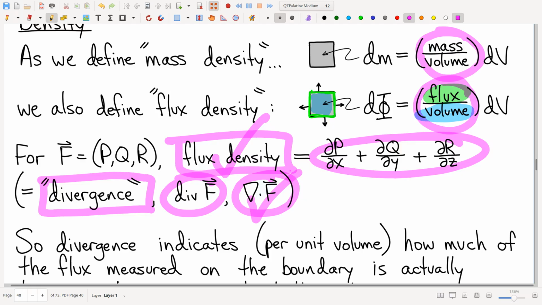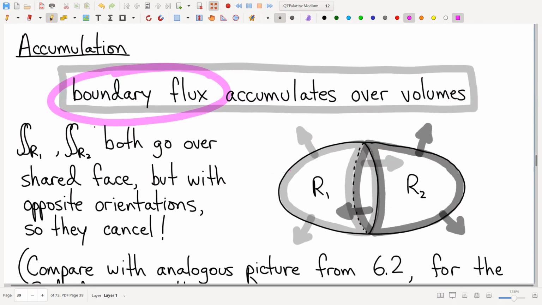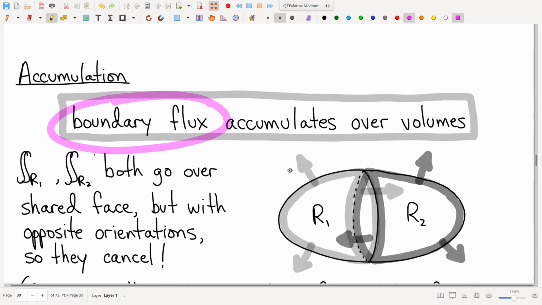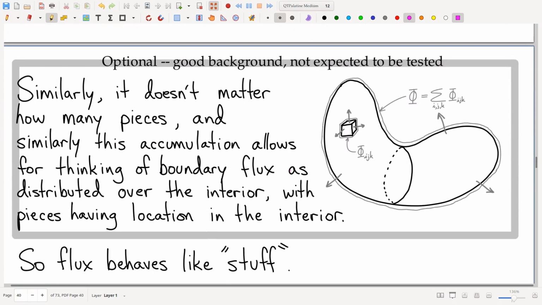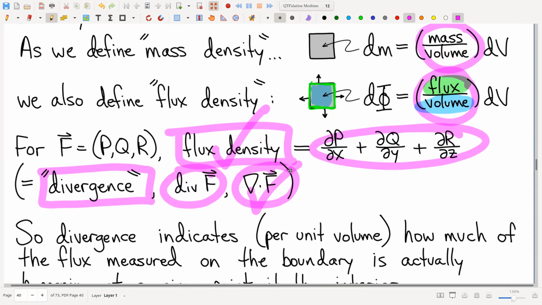By the way, just for your consideration, when I wrote these notes, I very deliberately followed the same pattern of talking about boundaries first and then noting an accumulation quantity and then talking about the stuff perspective and then talking about density, etc., just like we did back in Green's theorem.